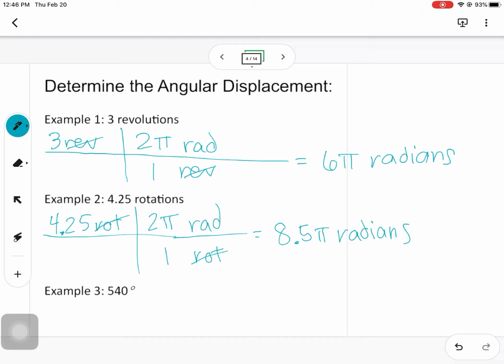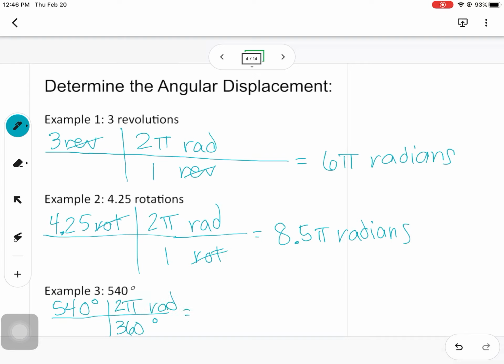Number 3, again, we already talked about specifically going from degrees to radians before, but I like to always show you how you can use stoich for this as well. So again, my 540 goes on top. I'm trying to cancel my degrees, so degrees would go on bottom. So this would be 360 and 2 pi.